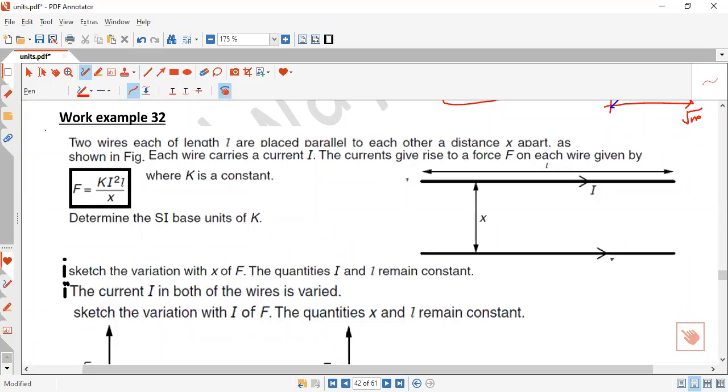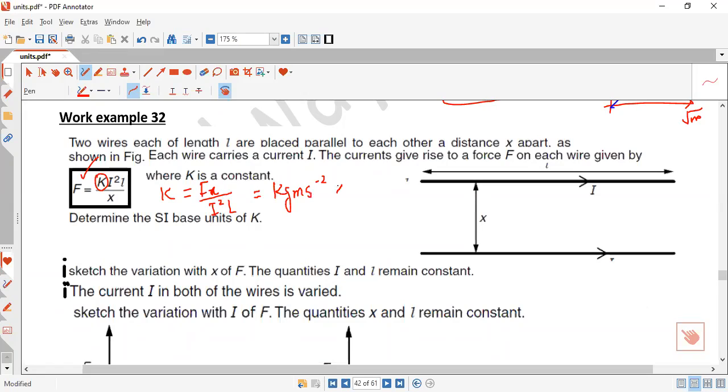Okay. So let's do this question number 32. We have this F equals k I square L by x. Determine the units of k. Let's make k the subject of the formula. Don't forget about it. It is going to be k equals F x divided by I square L. Right? So F is what? kg m s minus 2.